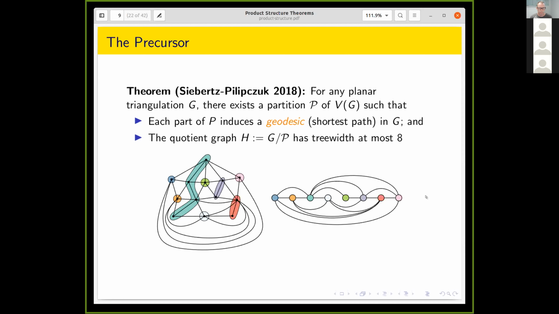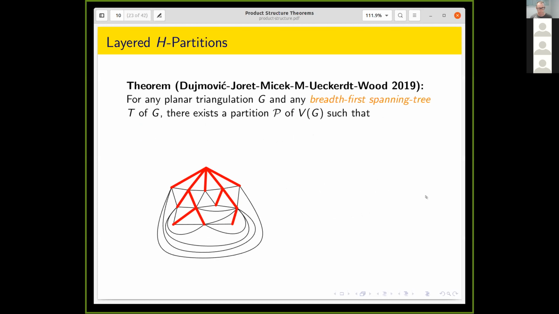So everything that I'm going to talk about next essentially stems from this theorem. In fact, it's small changes. So I'll write another theorem that looks similar, starts the same, except in this theorem, you have a planar triangulation, G, just like before, but you've also got a breadth-first spanning tree of G. So that means it's a shortest path tree.